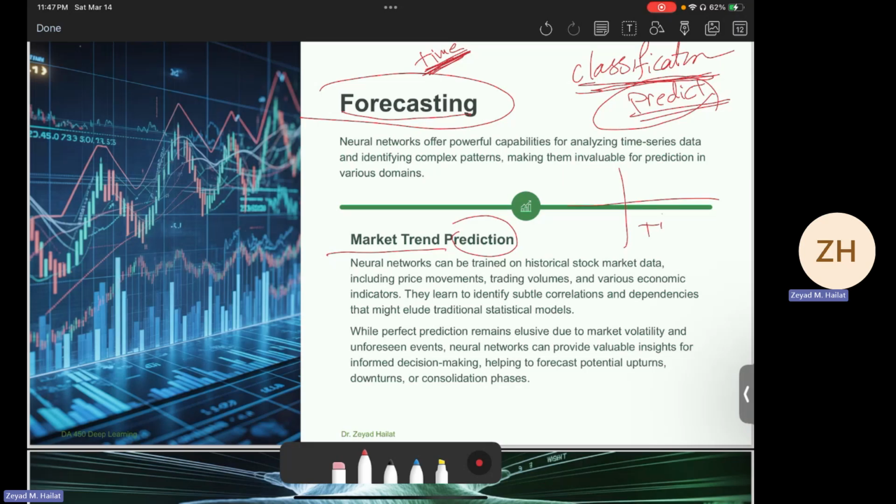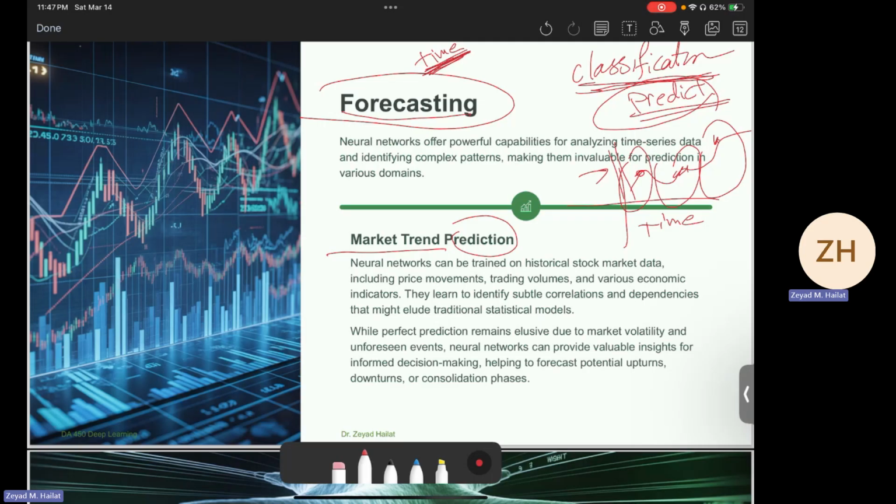If I look at this, and this is time, I can look at how the market is trending. This is seasonality, we refer to it, and ups and downs. For instance, this is Eid, this is another Eid, this is another Eid where the sales or the profit is increased. So this is another application where we can use neural network.